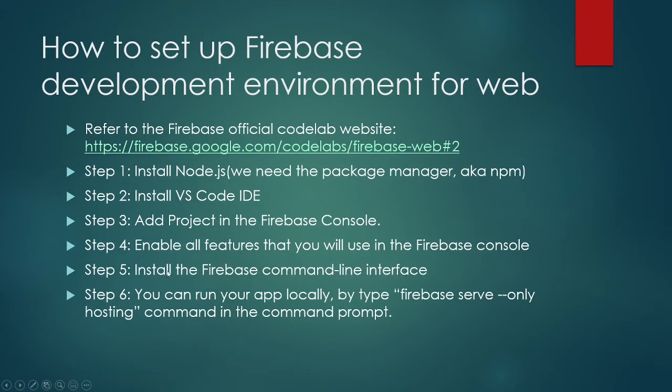Step 6 is you can run your application locally by typing firebase serve --only hosting, and then the default, I think, is 5000, and then you can just go to localhost 5000, or click the link in the console. It will pop up, and that's it, I think.